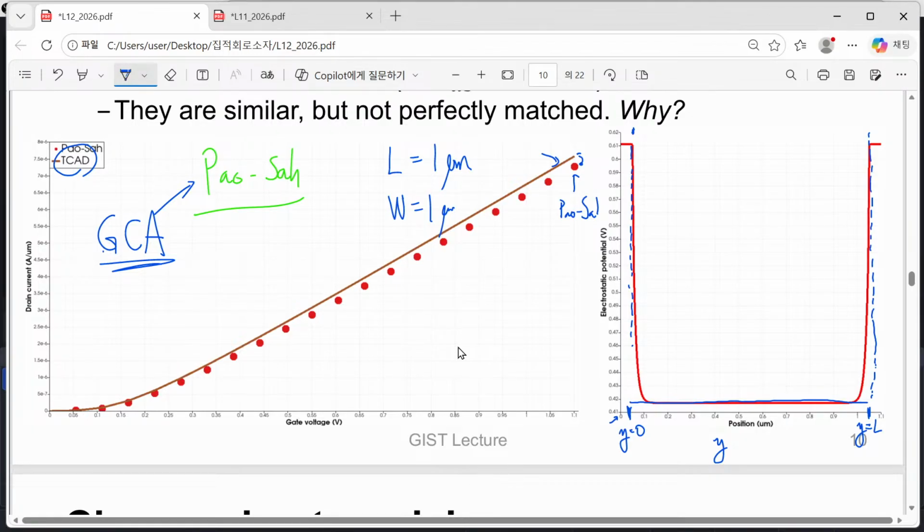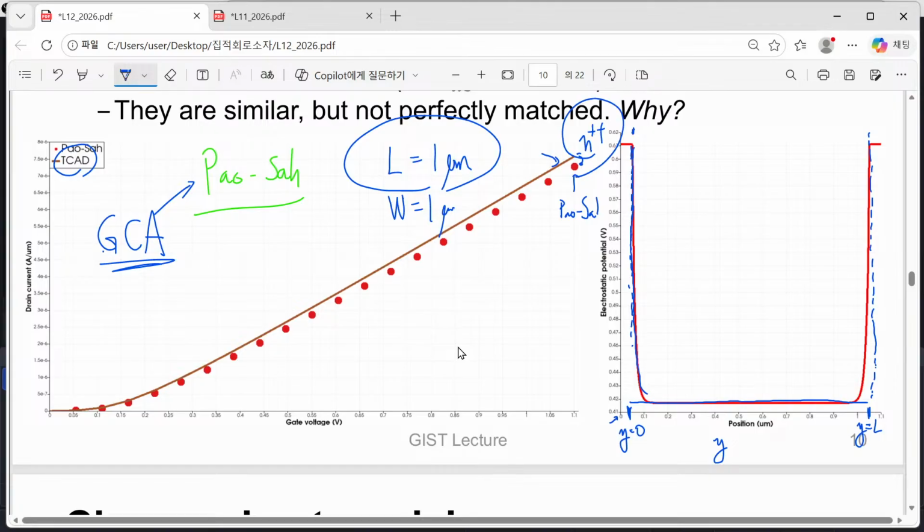So therefore, we assume that this full length, the full 1 micrometer, is assigned to our channel region. But in reality, even in this relatively long channel device, 1 micrometer, we still have a certain change of potentials according to the highly doped N plus region, and this is almost intrinsic or p-type substrate.